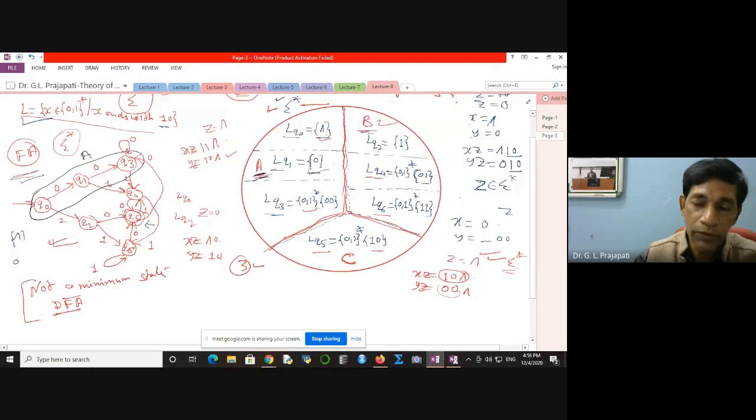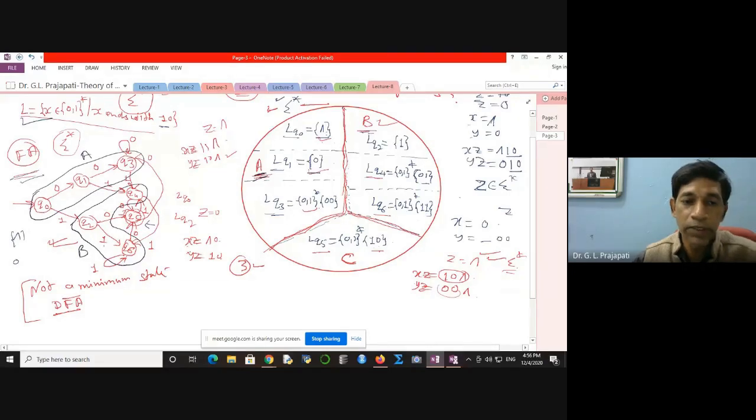So what you conclude is that the states Q2, Q4 and Q6 need to merge. So you need to merge the states Q2, Q4 and Q6 to form one state. Say this is the state B, because this corresponds to the equivalence class B.